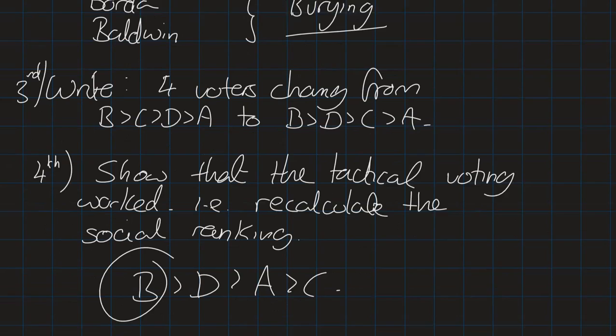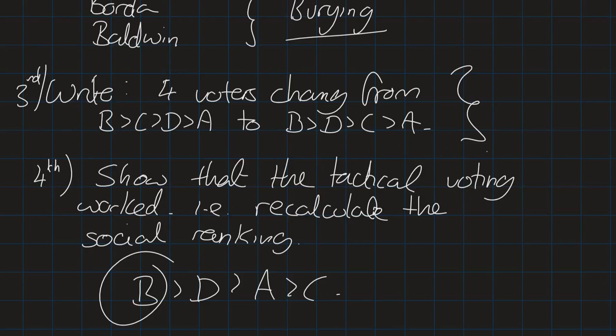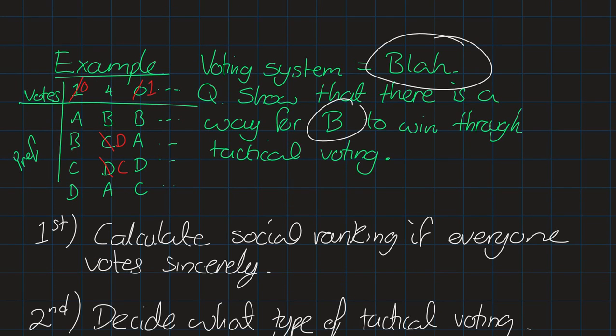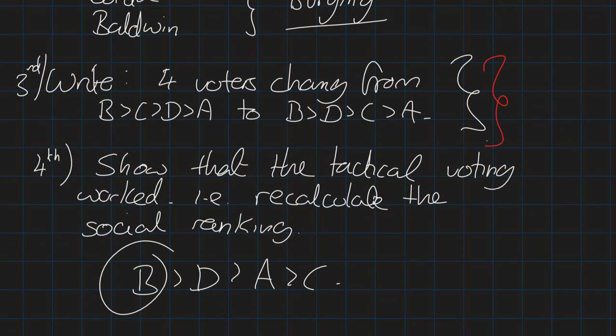One of the most important points I want to get across is to really be clear. When you're doing these questions, really try and convey everything that you're doing to the reader. So tell your reader the votes that you've changed, because sometimes if people edit the table too much, it gets confusing and hard to read and hard to follow what you're trying to do. So I highly recommend that you explicitly tell me what you've changed.